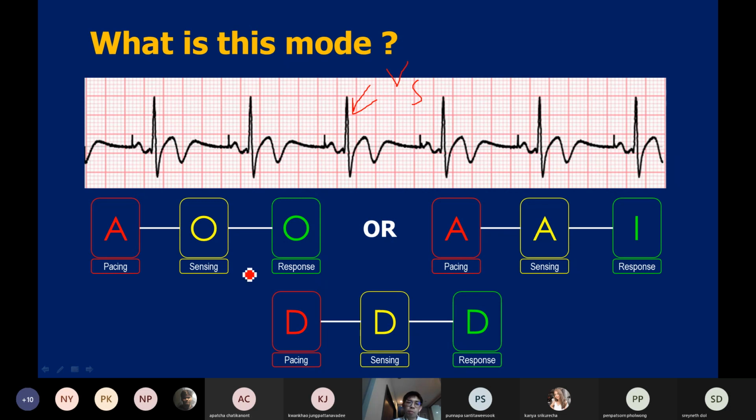So it should be both D and D, and the response is also D, because the P wave and QRS have a constant PR interval. It means that the pacemaker could track between the P wave and the QRS. Do you understand?